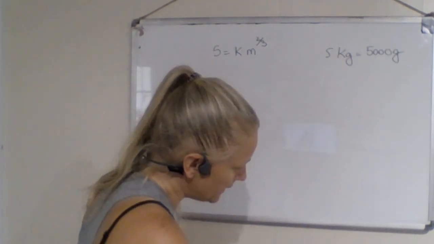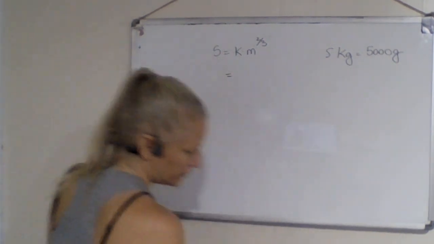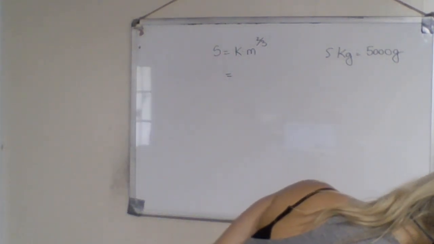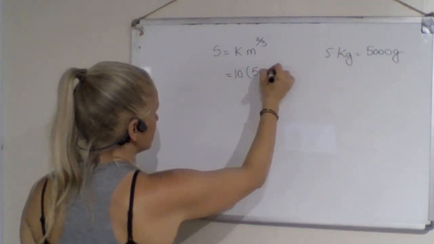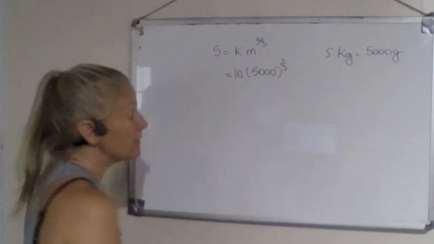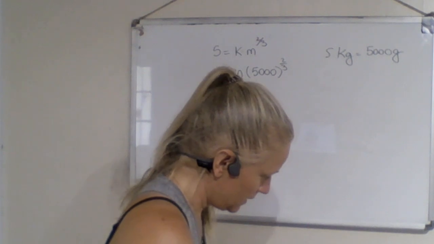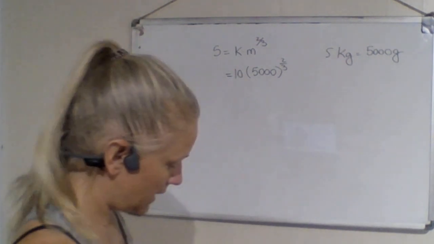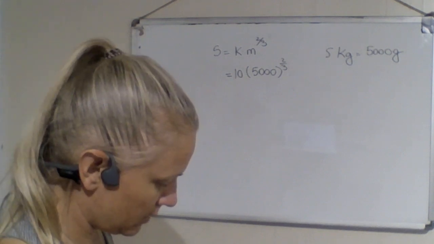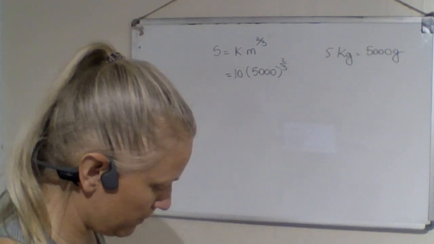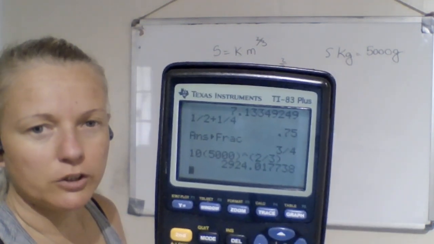Okay. They did it a little bit different over there. I'm not going to bother with it. We're going to get the same result. This becomes K, which is a cat. Your S is 10 times 5,000 to 2/3. And if you just plug this into your calculator, you don't have to do anything to it. If you just go and say 10 times 5,000 raised to parentheses 2 divided by 3, you get the exact same answer they did.